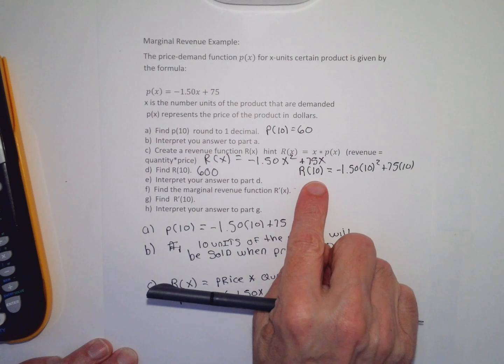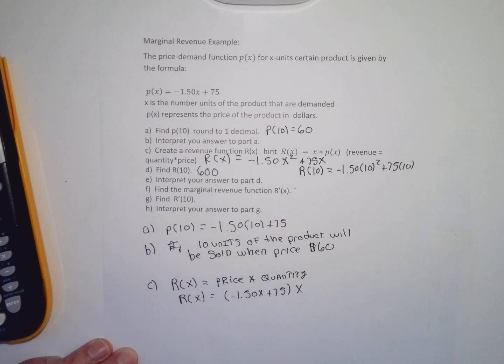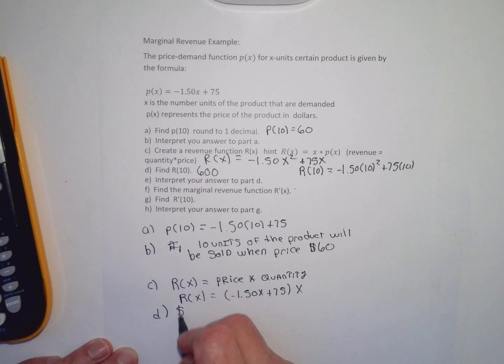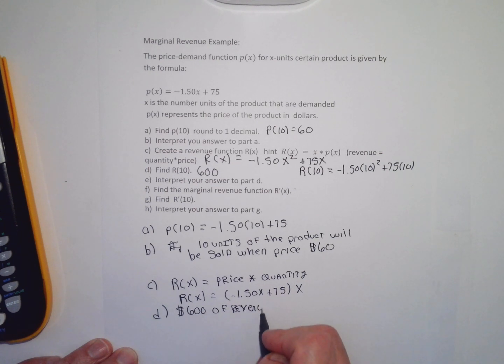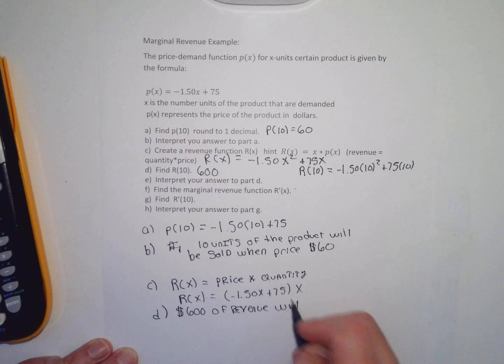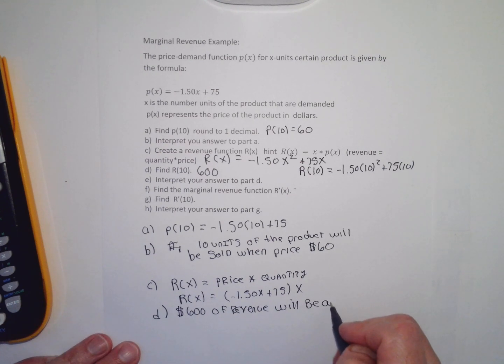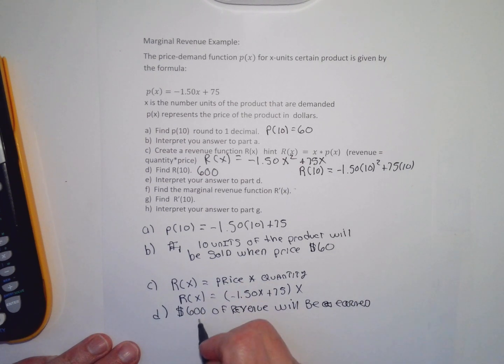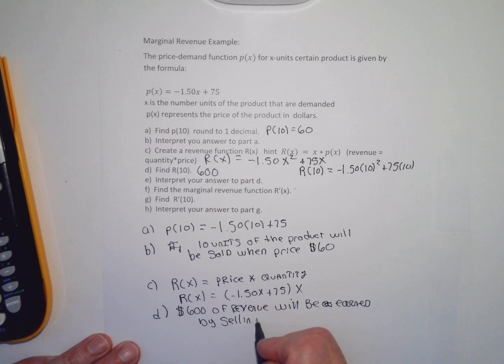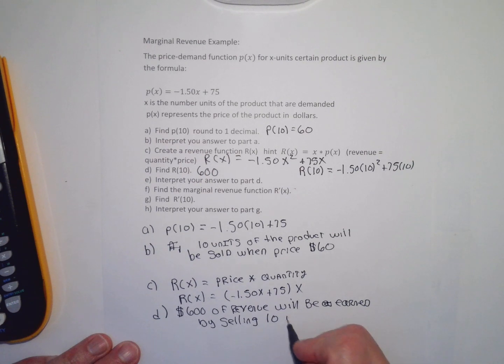When I plug a number into a revenue function, I get the total revenue for selling that many products. So for part D, to interpret my answer, I might say a total of $600 of revenue will be earned by selling, or when 10 units were sold, by selling 10 units of whatever this product is.